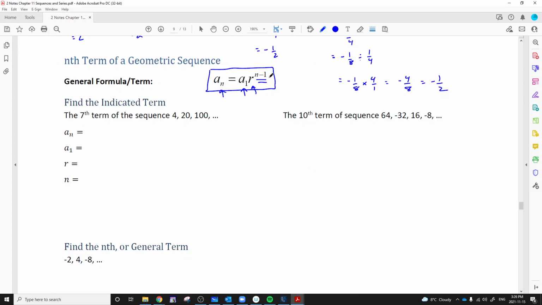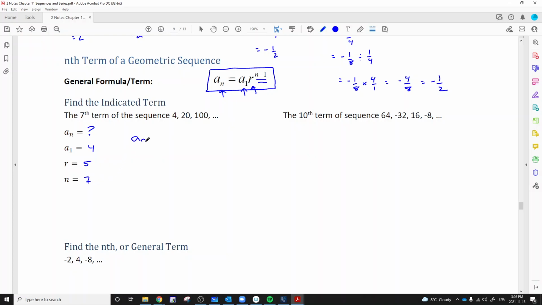One less than the term number you're finding. So for example, if I wanted to find the 7th term of the sequence 4, 20, 100, I'd want to know the first term, which is 4, the common ratio, which is 20 divided by 4, which is 5, or 100 divided by 20, which is 5, and the number of terms, which is 7.